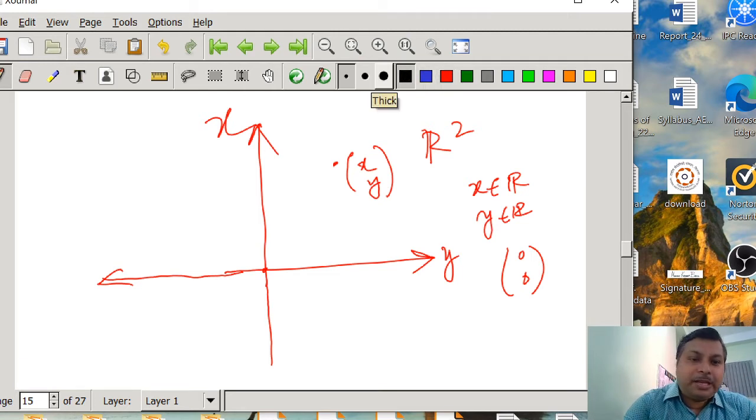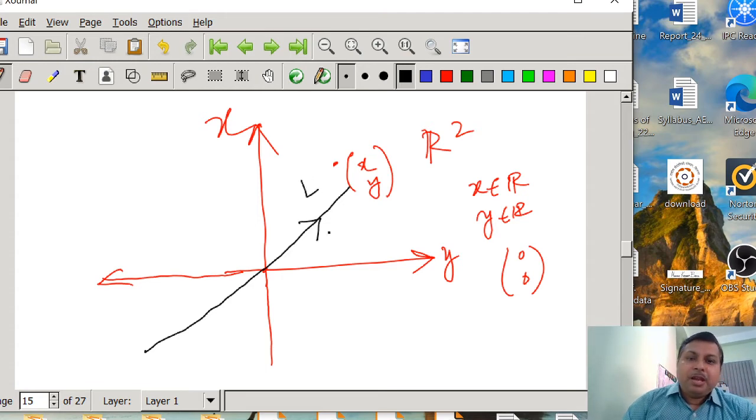Now we have taken a particular line which is passing through the origin, and we are calling it L. Now we want to take all such lines which pass through the origin.